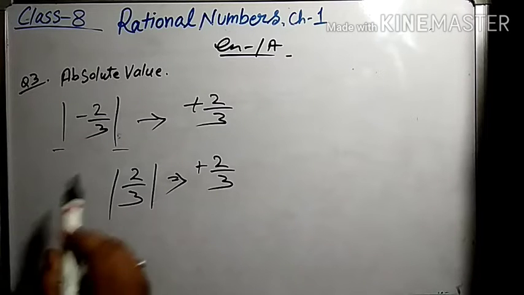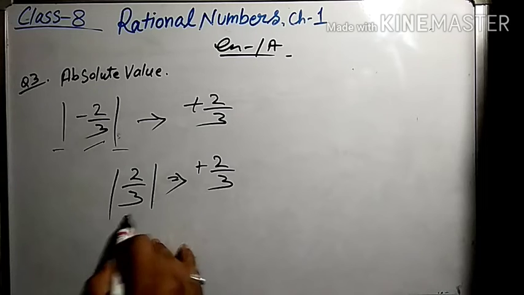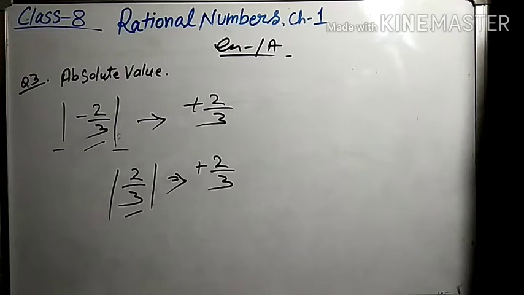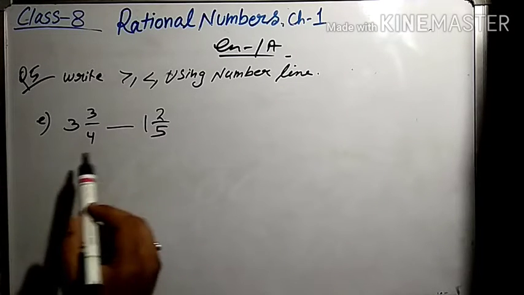That is, whether the rational number is negative or positive, if we have to find the absolute value of the given rational number, it will always be positive. Understood?